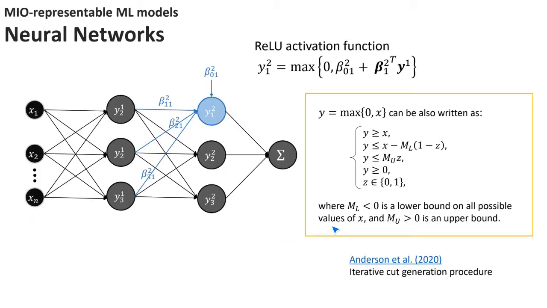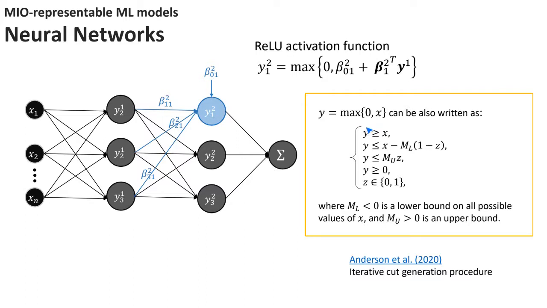Another machine learning model that can be represented using linear functions and binary variables is a neural network with a ReLU activation function, and the ReLU activation function is the one that you see here. So for this node, for the blue one, the output will be the max between 0 and a linear combination of the output of the previous layer. So as you can see, this neural network with the ReLU activation function is a piecewise linear function.